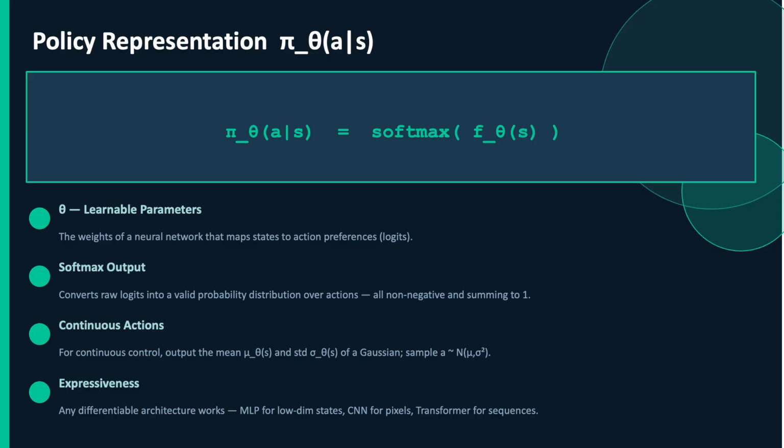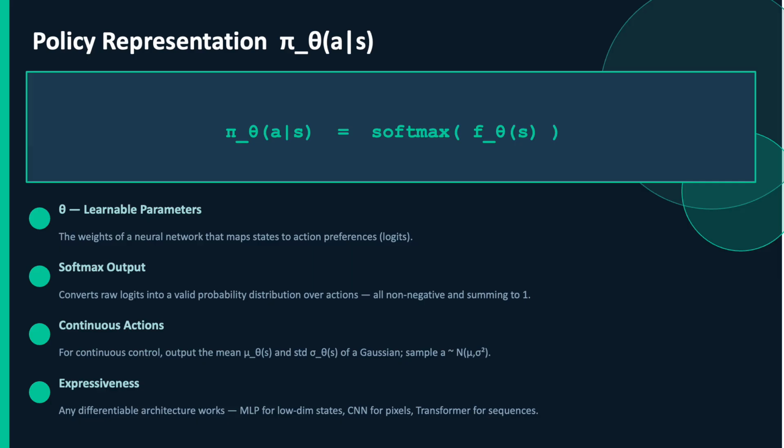The policy pi theta of a given S is a conditional probability distribution parameterized by theta. For discrete action spaces, the standard representation is a neural network that takes the state as input, produces a vector of logits through the hidden layers, and then applies a softmax to convert those logits into a valid probability distribution, all values non-negative and summing to 1.